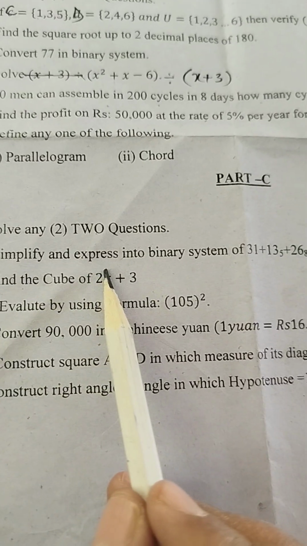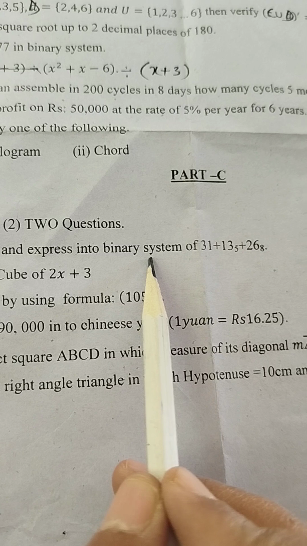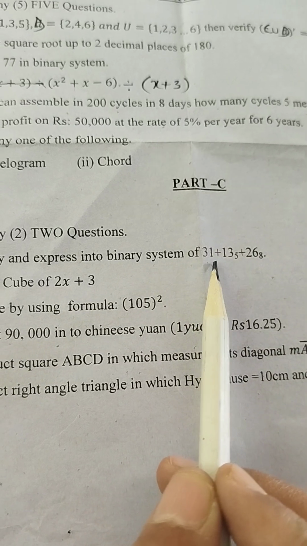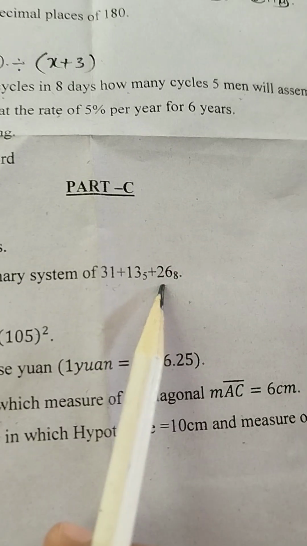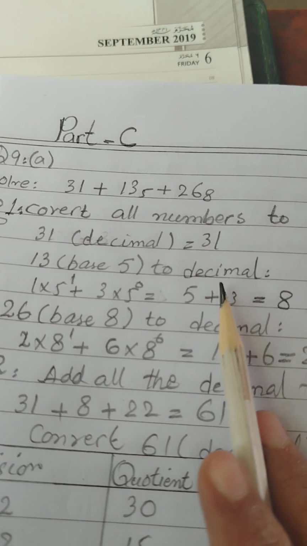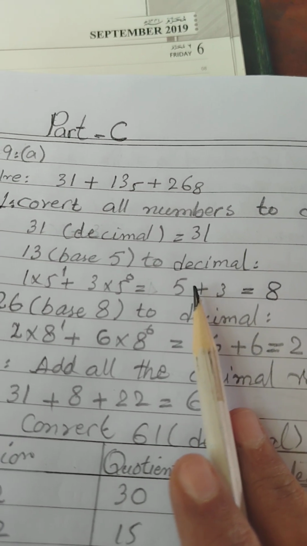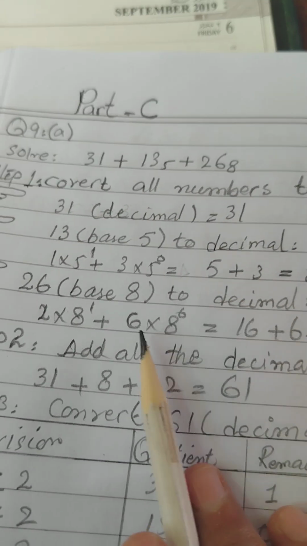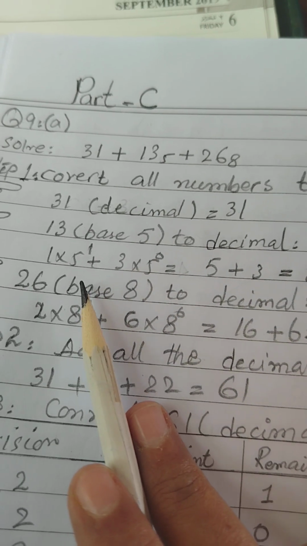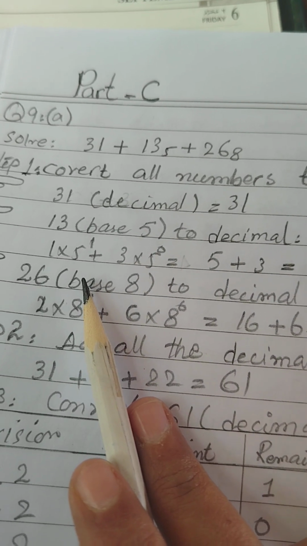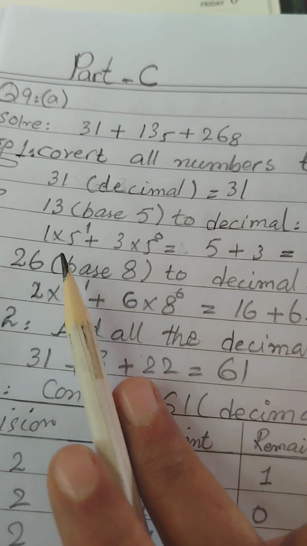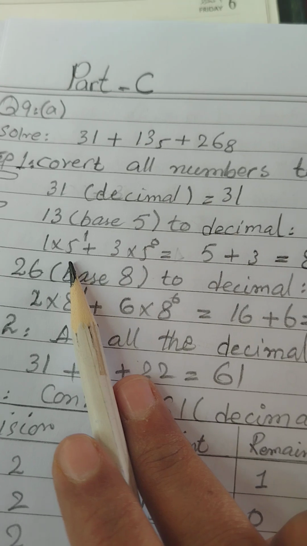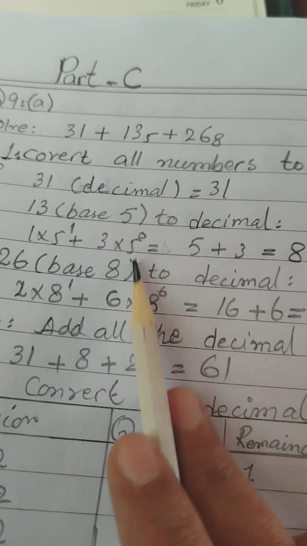Simplify and express into binary system 31 in decimal plus 13 in base 5 plus 26 in base 8. First we convert all these base 5 and base 8 into decimal. You know base 5 converts into decimal, we multiply all digits with powers of 5, and you can see here 1 multiply 5 plus 3 multiply 5 power 0.